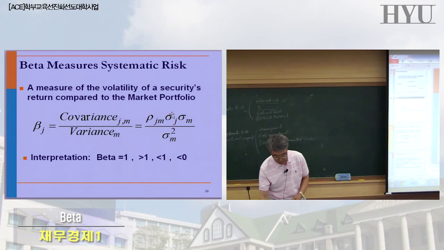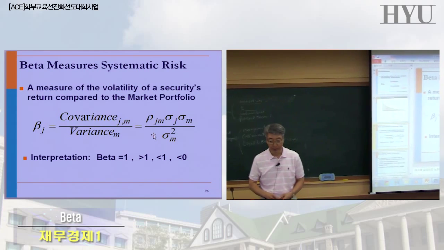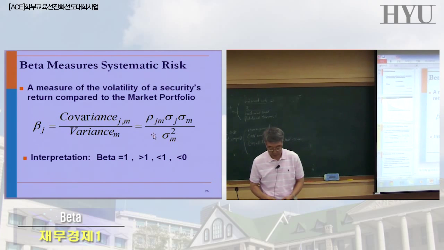And we learned this is the covariance and this is the variance. Okay? So M stands for market, J stands for one particular stock. Okay? Well, don't worry about this formula. Nobody uses this formula to calculate beta. Okay? Beta is estimated by using regression analysis, running the regression line. But let's try to understand the meaning of beta.